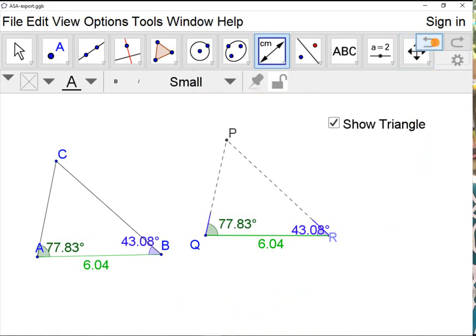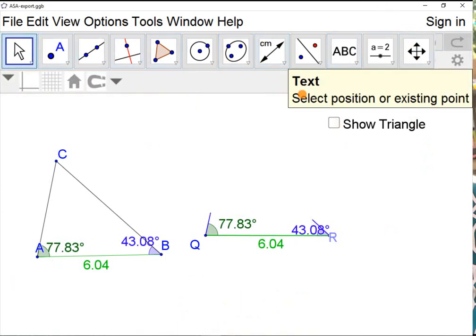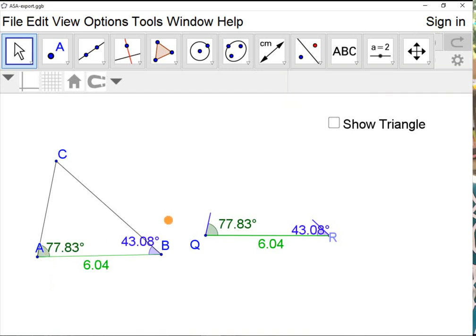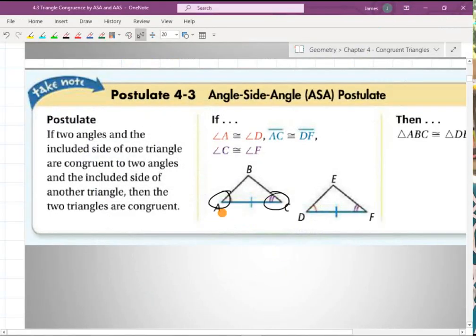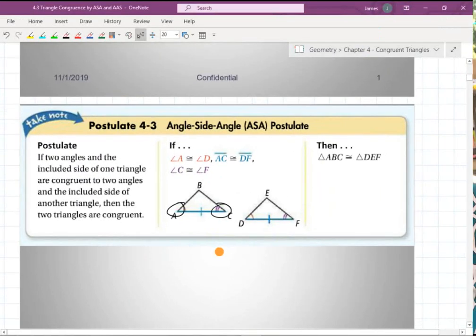The only thing that I worried about were those dimensions right there, an angle, a side, and an angle, and that forces everything else to be the same as well. Okay, so that's angle, side, angle.